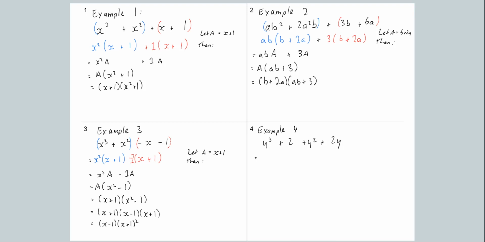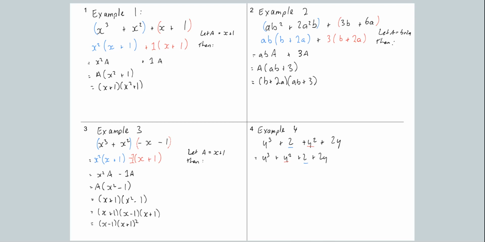In this case, I'm just going to reorder them slightly so that I've got the y cubed, then the y squared, then the 2, then the 2y. So I've simply swapped the location of the y squared and hence swapped the location of the 2. Okay, so we've just switched those over, but nevertheless, it hasn't changed the overall value of this expression.